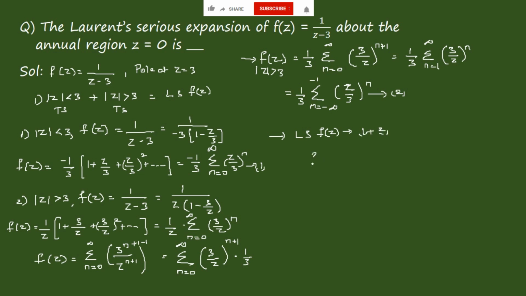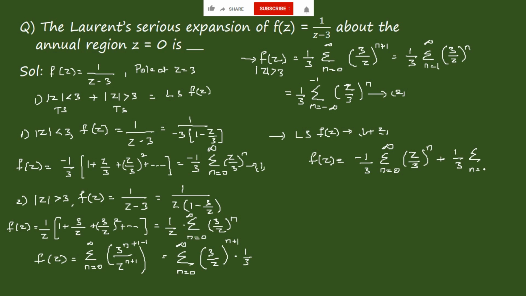Then we get f of z is equal to the first one as the first term. It is given as minus 1 by 3 summation of n is equal to 0 to infinity (z by 3) whole power n, plus the second term, it is 1 by 3 summation, right?